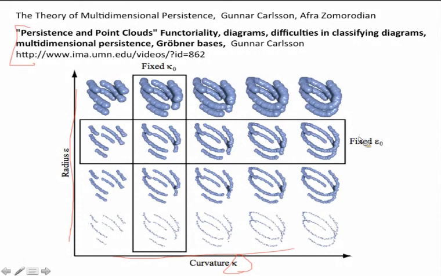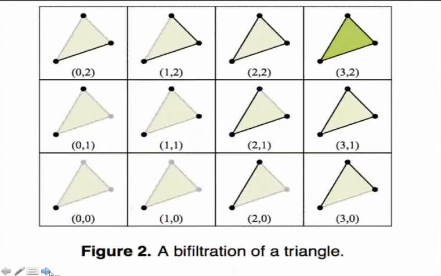In that case, you can do persistence fixing your curvature, and notice all we need is for this to embed within this to embed within that. Or we can do our persistence fixing our epsilon naught, or maybe some other sort of thing. So multidimensional persistence is quite nice.